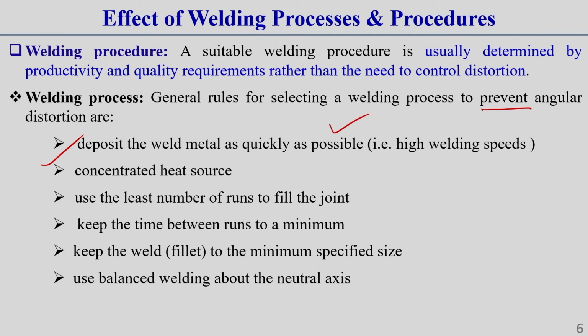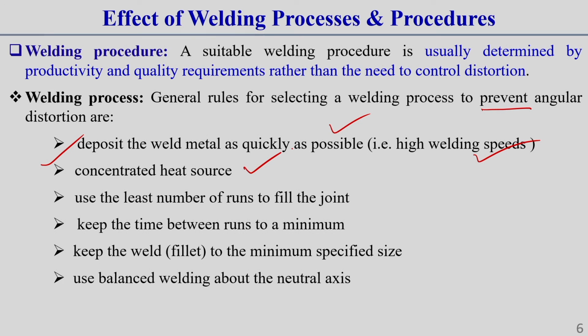That means the welding process should be as fast as possible, which is possible once the speed of welding is high. And the welding should provide a concentrated heat source, which also gives less distortion in a structure. This is another point.